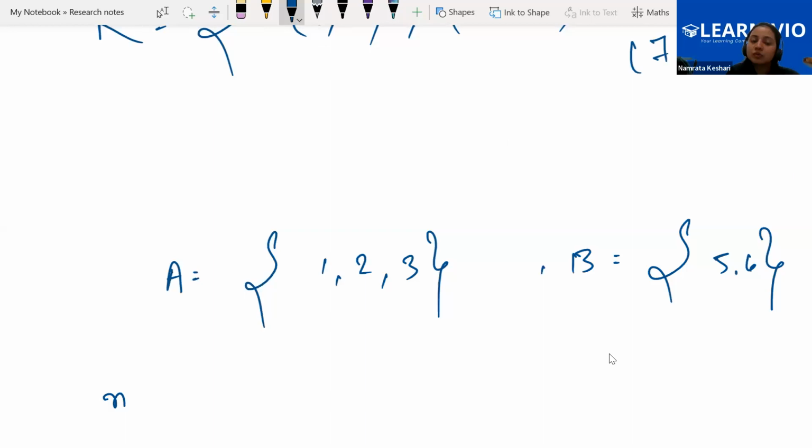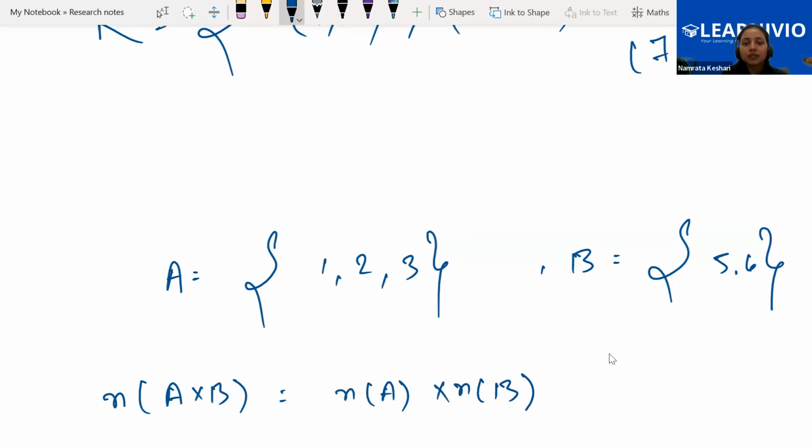The number of elements in A cross B will be the number of elements in A into the number of elements in B. That means 3 into 2, that is 6. Yeah, it will be 6.